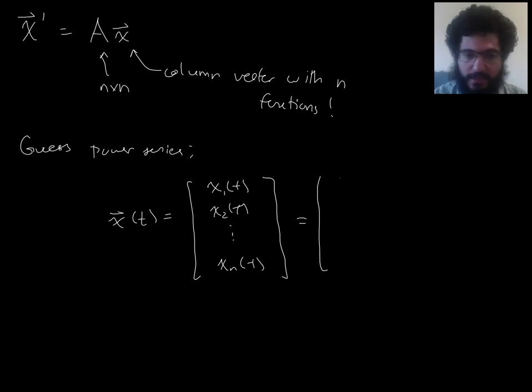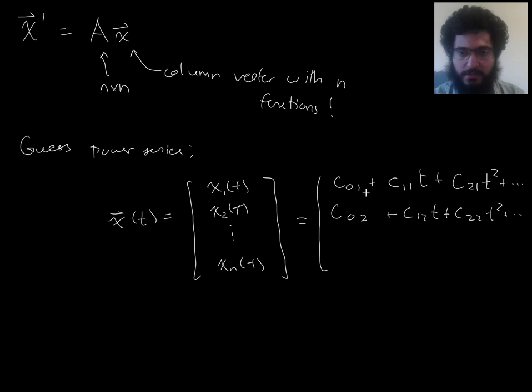So x1 is like C01 plus C11 t plus C21 t squared, etc. Let me index these well. And then similarly here, C02 plus C12 t plus C22 t squared, etc. So you see what I'm doing?